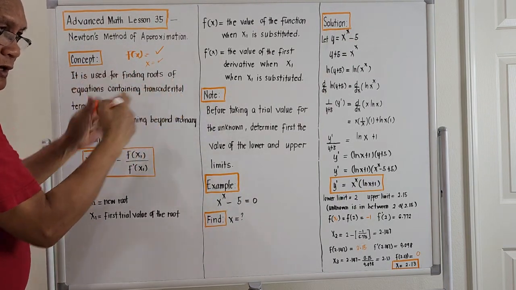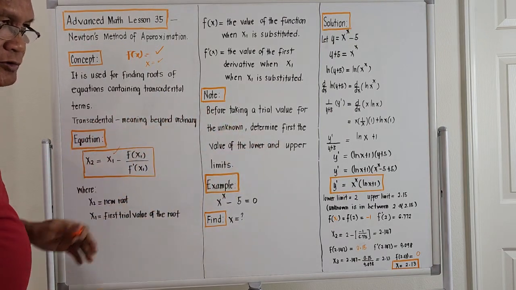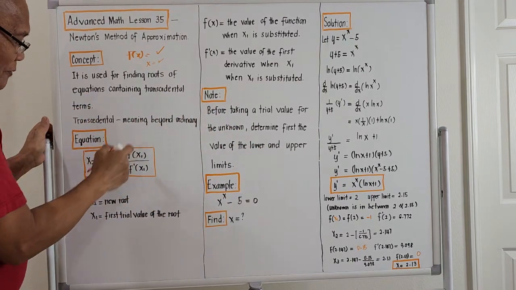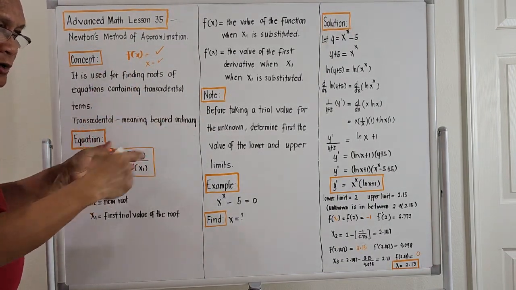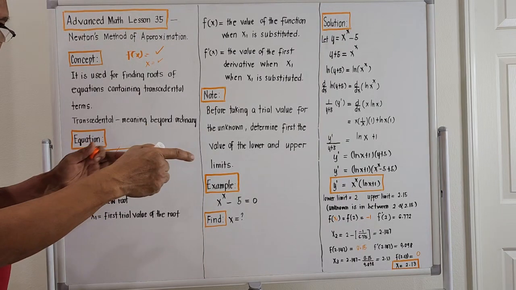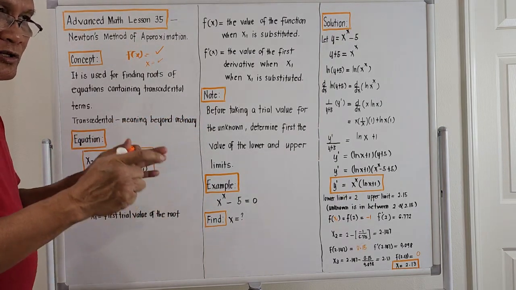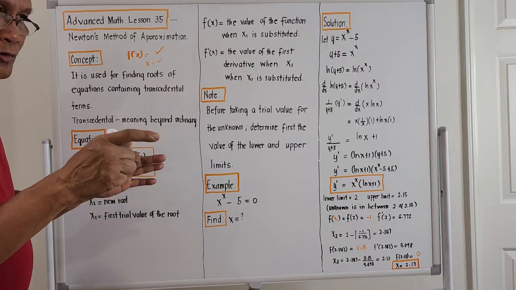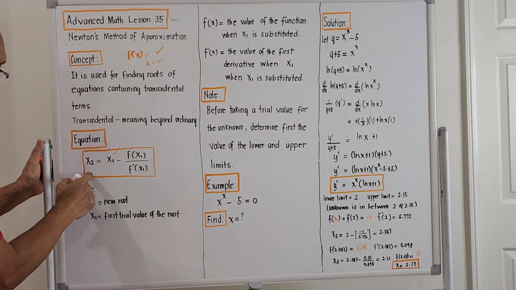If what comes out in the equation satisfies the given equation, that will be the solution. But just in case you put x1 on the given function of x, and what comes out will be a +1 or a -1, something like that, there is an error on the assumed solution. So to compute for the next possible roots, this will be the equation.